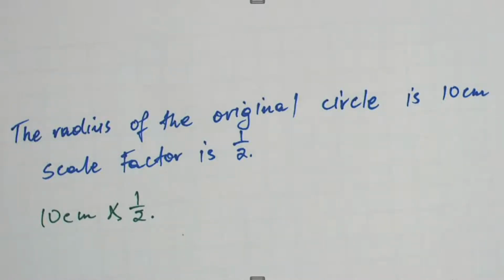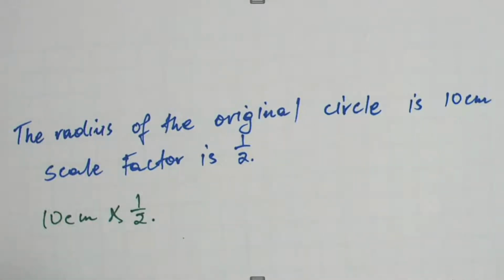So we know that the radius of the original circle will be bigger than the radius of the smaller circle. Why? Because the scale factor is less than 1. So we'll say 10 multiplied by a half.